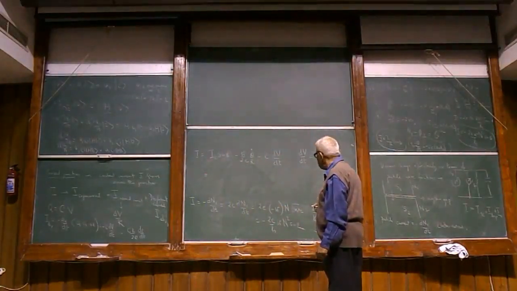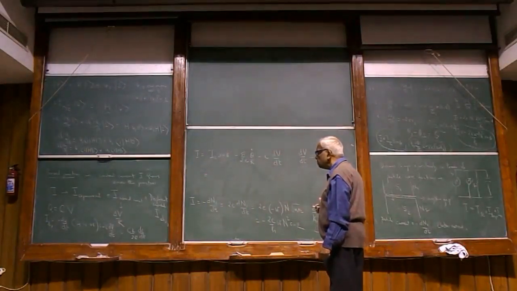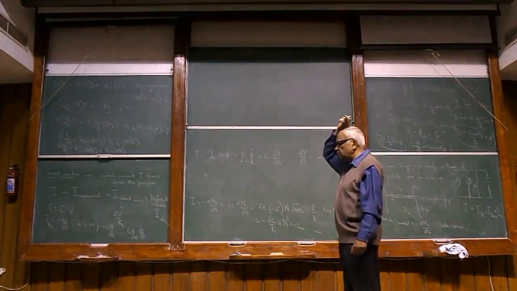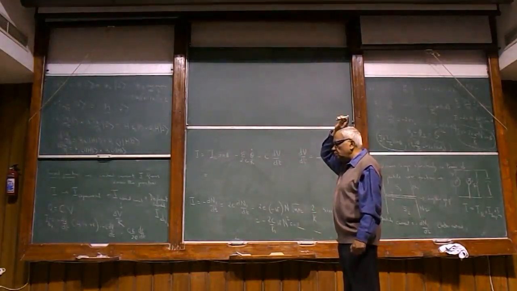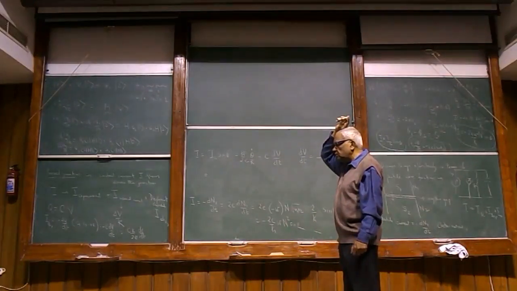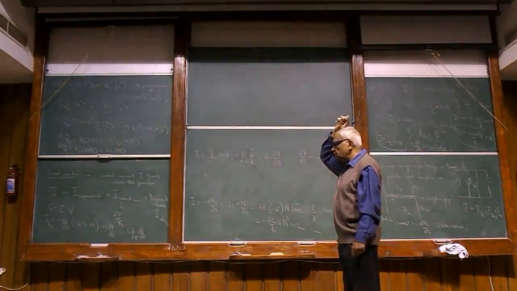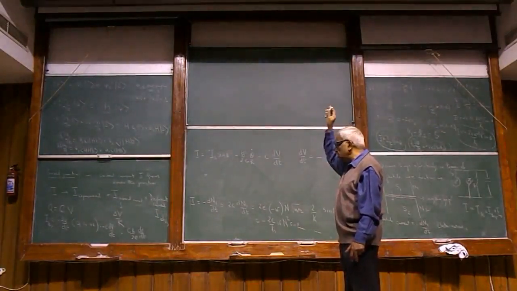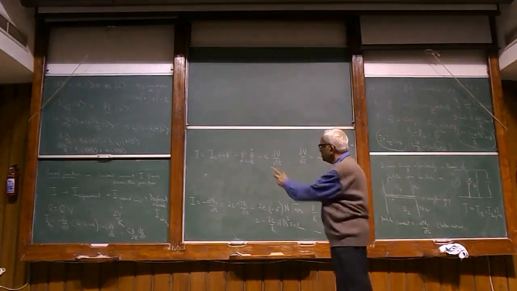Now this is where, am I biasing myself with that Q equal to CV, putting in the negative sign? Sorry, that's my bias.